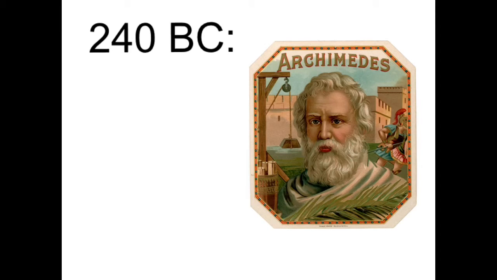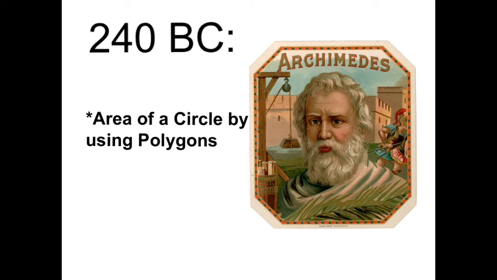In 240 BC, it was the Greek mathematician Archimedes who first conceived of a method of approximating the area of a circle by using polygons. For example, the area of a circle with a radius of 1 can be approximated by inscribed polygons.